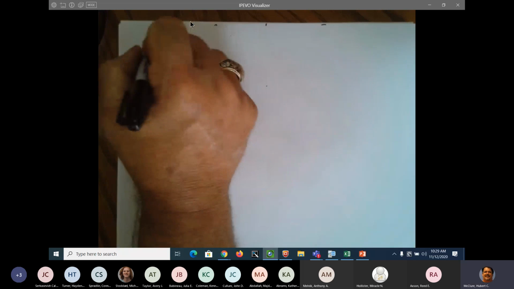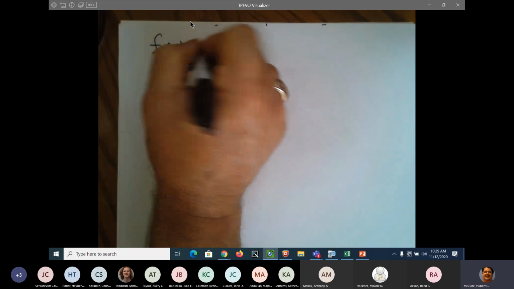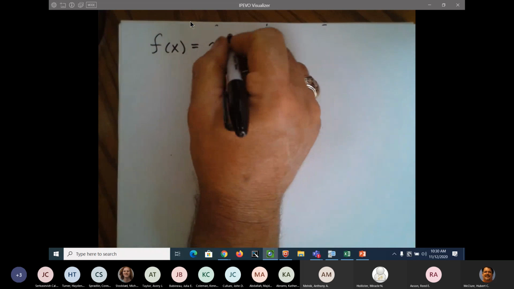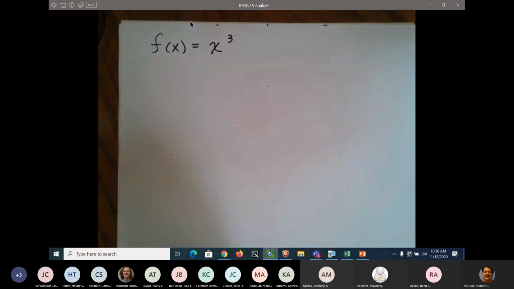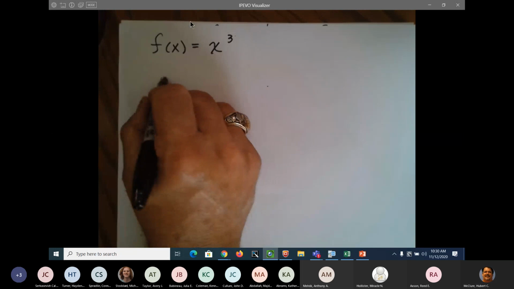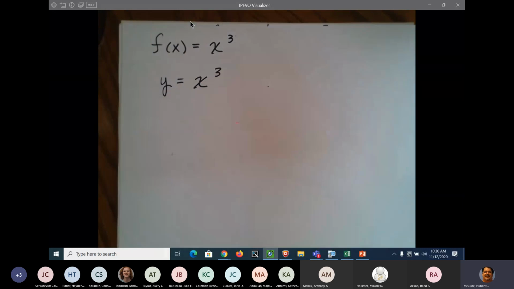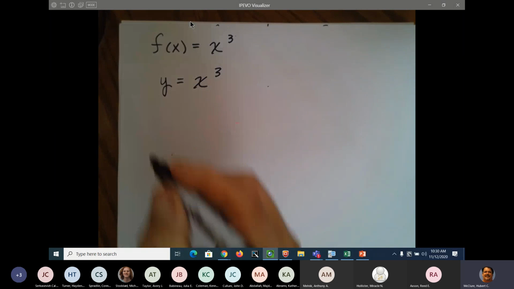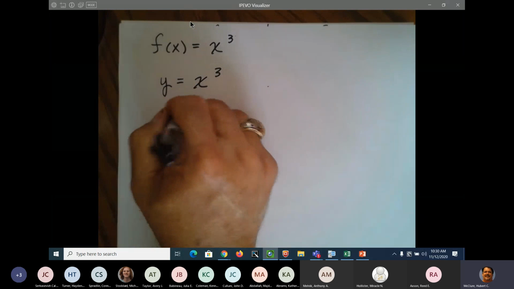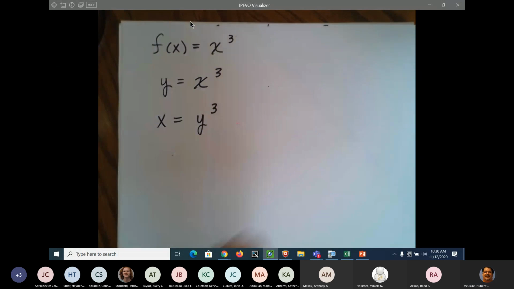f of x is equal to x cubed. The first thing you're going to do is get rid of that f of x, and say y is equal to x cubed. Now you're going to switch the x and y's. So it's going to be x is equal to y cubed.